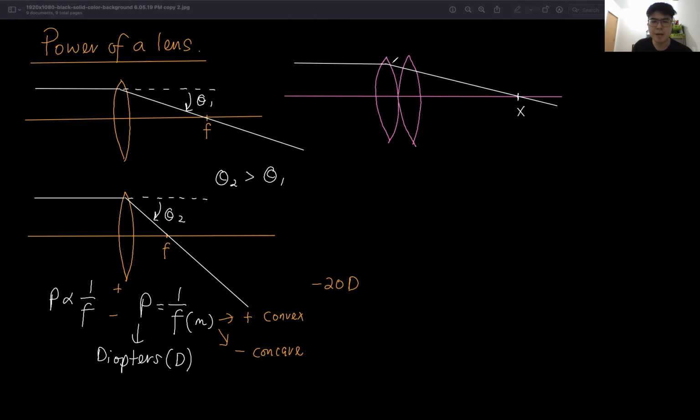The original path would be horizontal over here. So the deflection is this angle. But you have two lenses, right? So after the deflection from the first lens, when the light passes through the second one, it will be deflected again. So it will bend again over here.